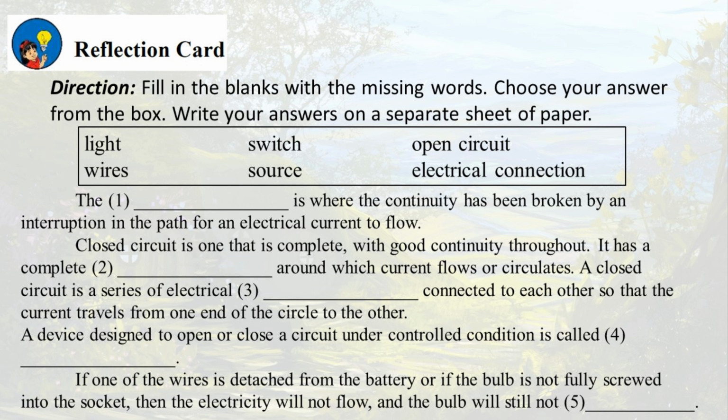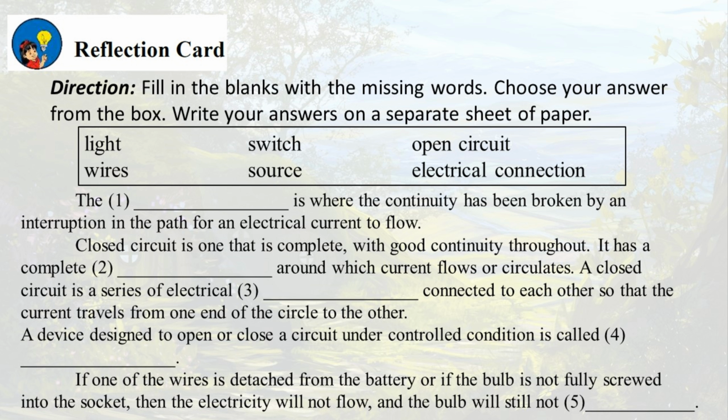Direction: Fill in the blanks with the missing words. Choose your answer from the box. Write your answers on a separate sheet of paper. Light, switch, open circuit, wires, source, electrical connection. The blank 1 is where the continuity has been broken by an interruption in the path for an electrical current to flow.